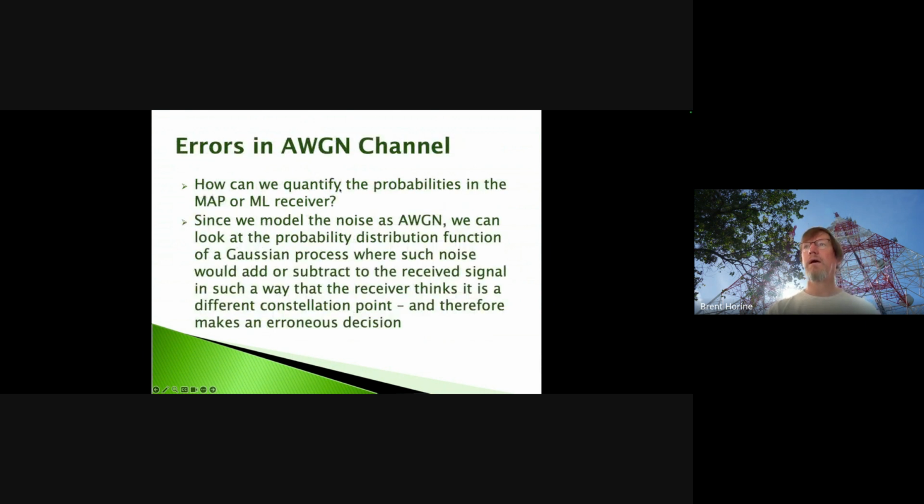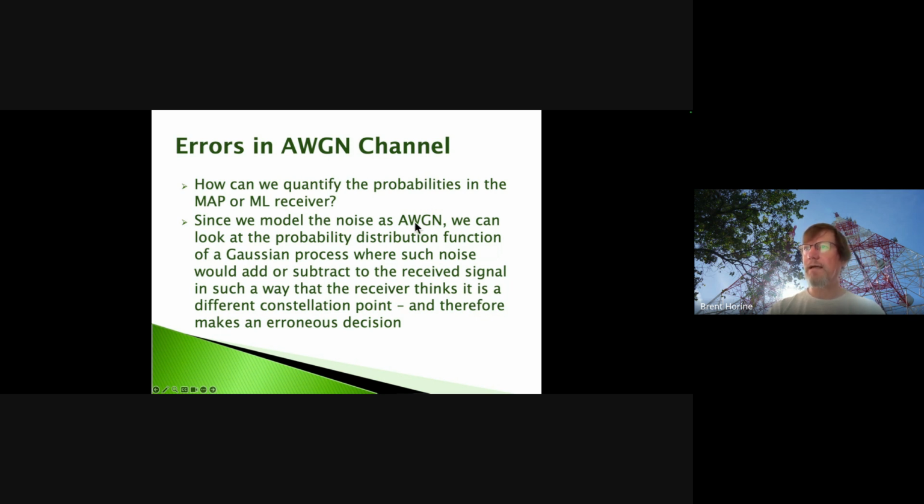So how can we quantify the probabilities in this MAP or ML receiver? Since we model the noise as additive white Gaussian noise, we can look at the probability distribution function of a Gaussian process, right? That's where that G comes from in this thermal noise or Johnson noise type of situation, where noise would randomly add or subtract, might be positive, might be negative, right? Remember, it's zero mean.